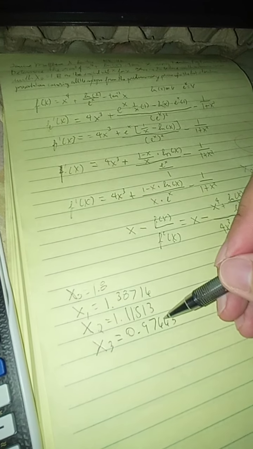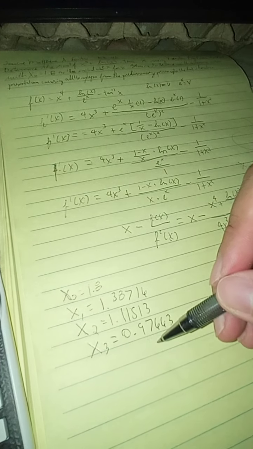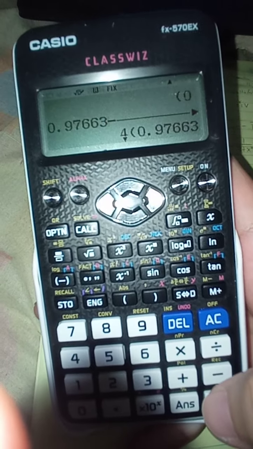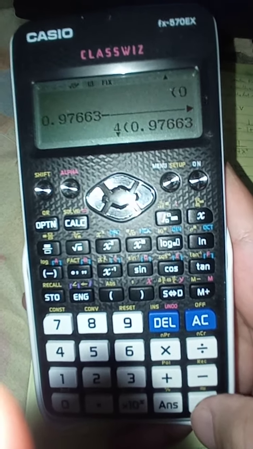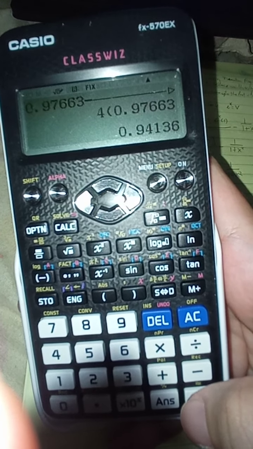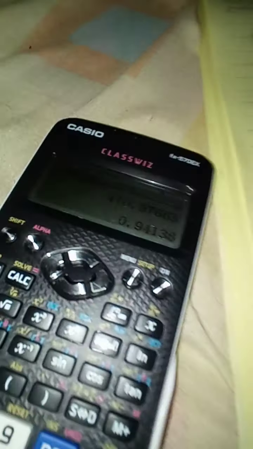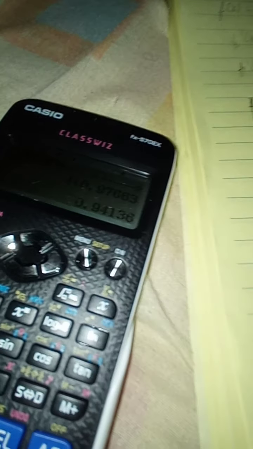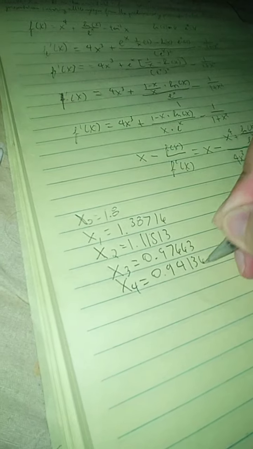Now for the fourth iteration, let's just use this value to get the fourth iteration. We already substituted the value of x. It will be 0.94136. X sub 4 is equal to 0.94136.